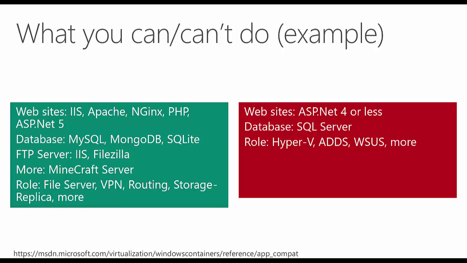It is also possible to deploy some Windows roles, for example, the file server or the VPN or the storage replica, because you can use one of these containers to share the content between many other containers.